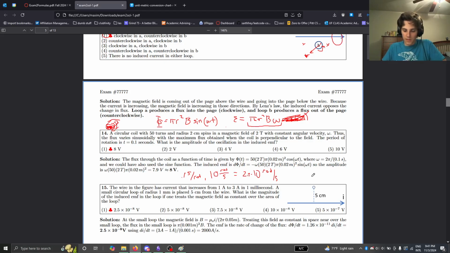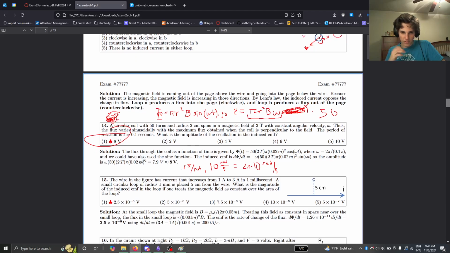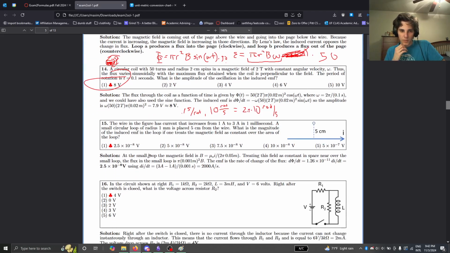Oh yeah, and then you have to multiply by the 50 because there's 50 turns. So joke's on you, there's another thing you have to multiply by 50 turns. So the EMF is 50 times as strong, or the flux I think even is 50 times as strong. Yeah, the flux even here should be multiplied by 50. So I end up getting 778,956. So it's the 8 because it's closest. It's very close to 8 in terms of value.